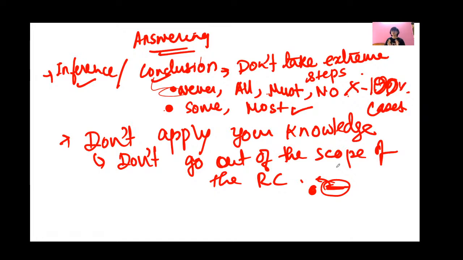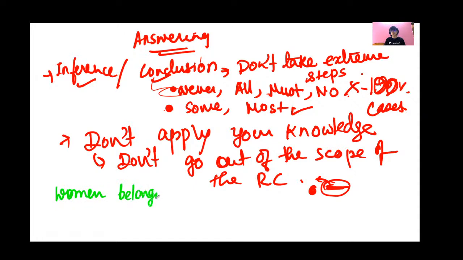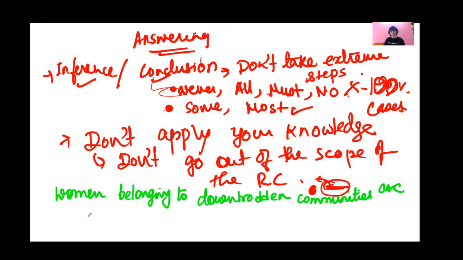Fine. Then one more common mistake that aspirants make while answering reading comprehension questions is this. Suppose a sentence is given in your passage: women belonging to downtrodden communities are abused.